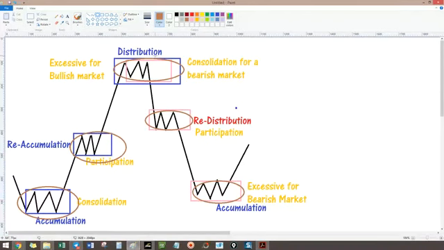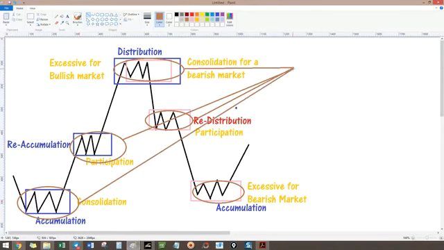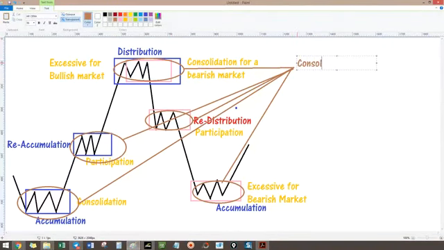All of this is called consolidation, where price is doing sideways or building a base. Over here the spread is small. It's a high liquidity zone, high liquidity level, also known as a base.